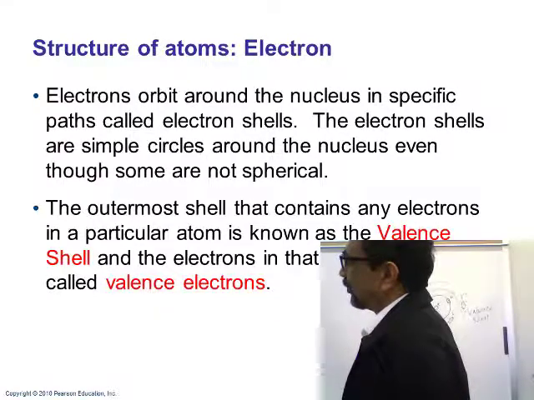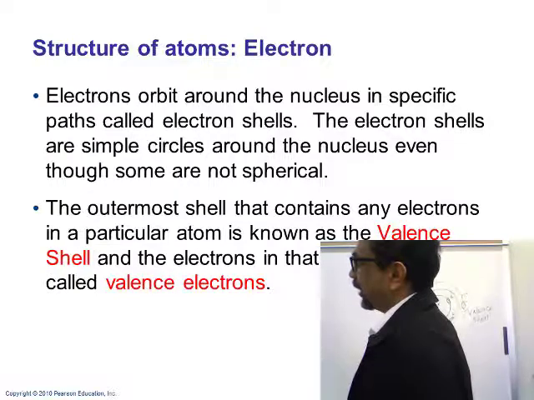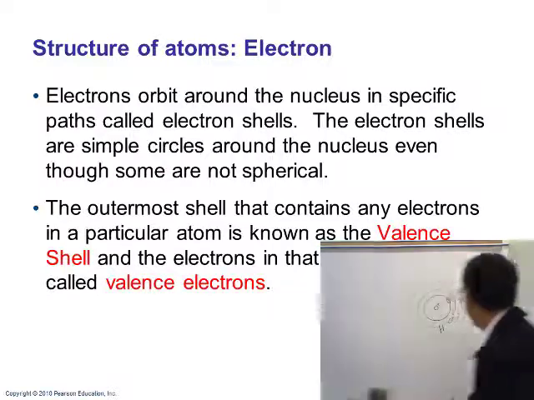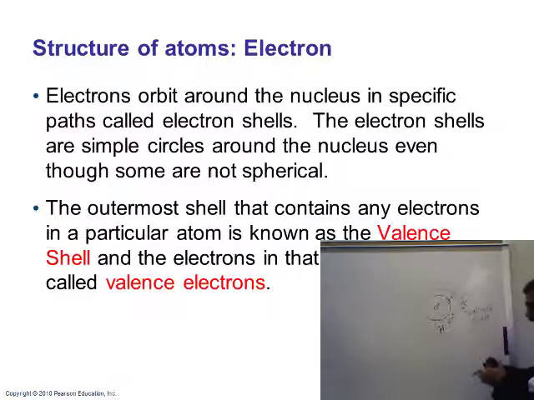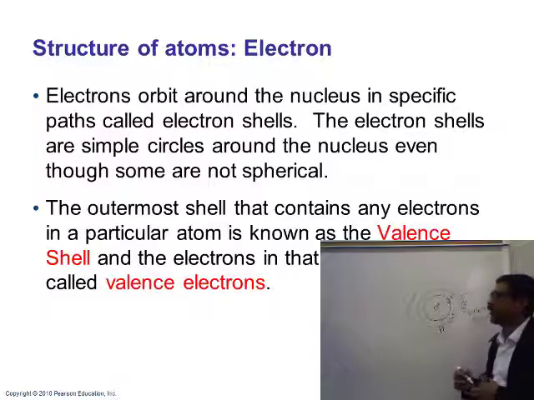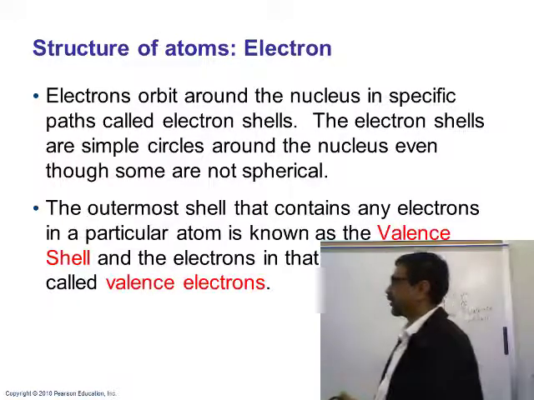So we have talked about atomic number, mass number, right? Valence shell, valence electron. Isotope, radioisotope. We have already talked about this.